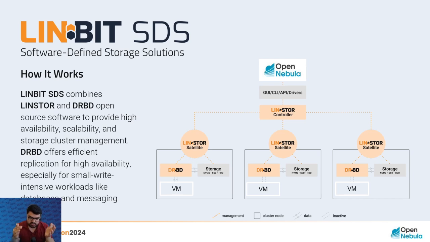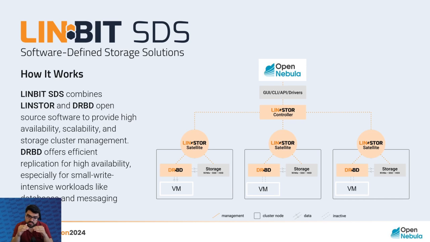As the name suggests, the controller manages the satellites, which manage the hosts, or the hyperconverged hosts, or the storage nodes. It doesn't matter if you have a hyperconverged environment or disaggregated storage environment, you have to install the LINSTOR satellite service on your nodes. And as you can see in the picture, the LINSTOR satellite and the controller are completely separated from DRBD, and there's a reason for that.